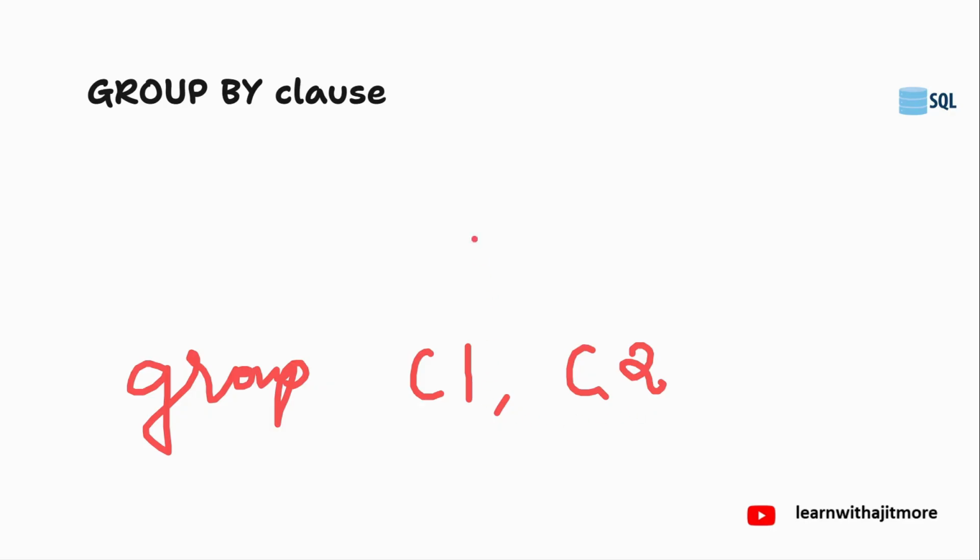Getting? So first grouping is done on column 1 basis. Column 1 के basis पे grouping होगा. And then within that group, again subgroups are created. And the subgroups are done on the basis of column 2. I hope you're understanding. How the subgroups are created on the column 2 basis.